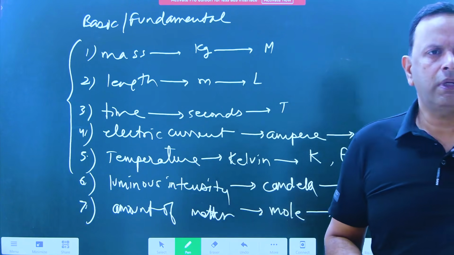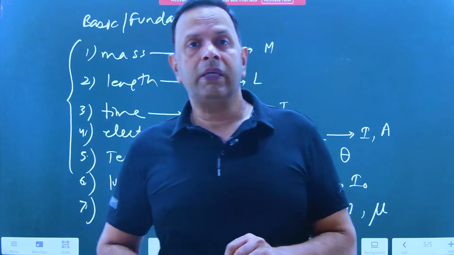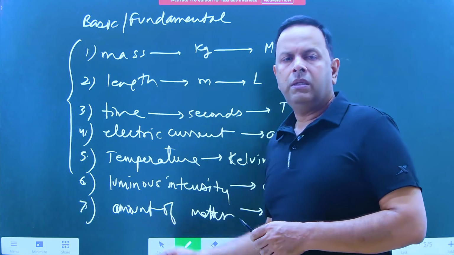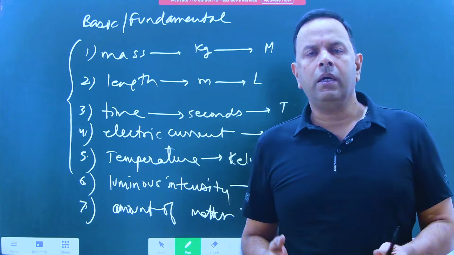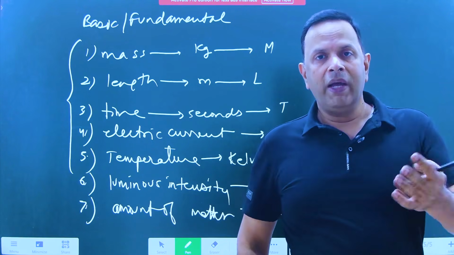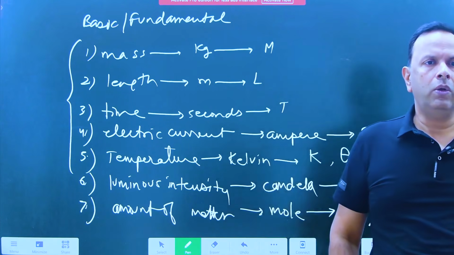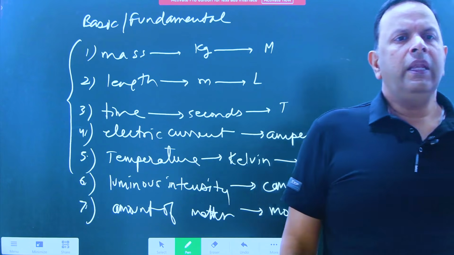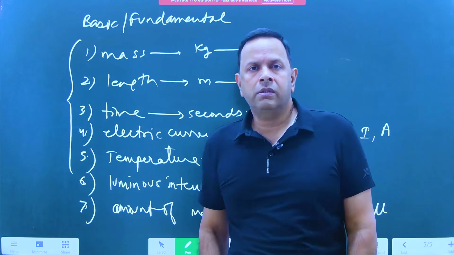Sound is a physical quantity, but we don't treat the sound as a basic quantity. Let's first understand what is the criteria to call them basic. Why only these 7 physical quantities are here? Why no other? Varun, no, it's not about the daily use. It's basically their nature of existence.